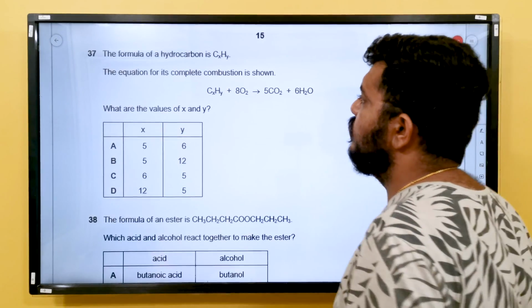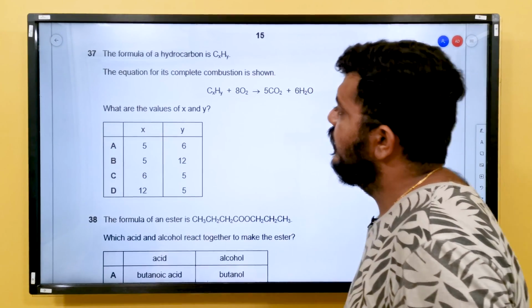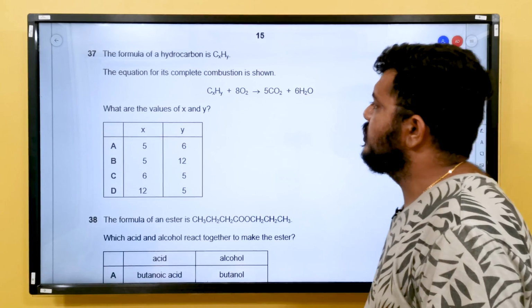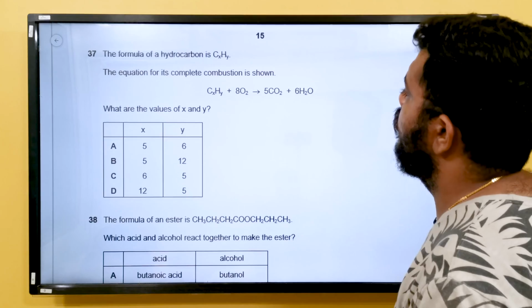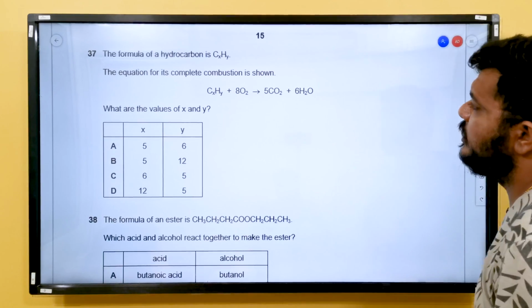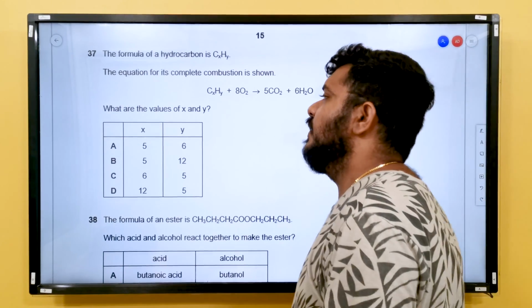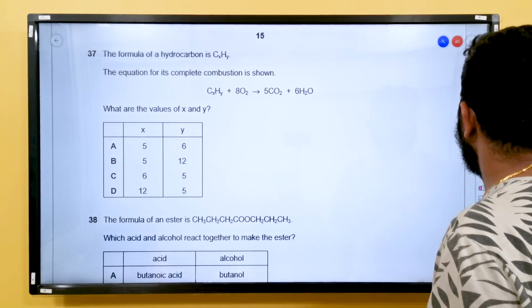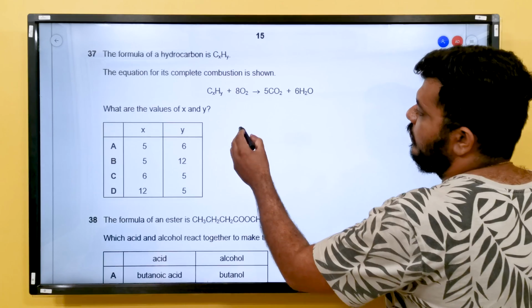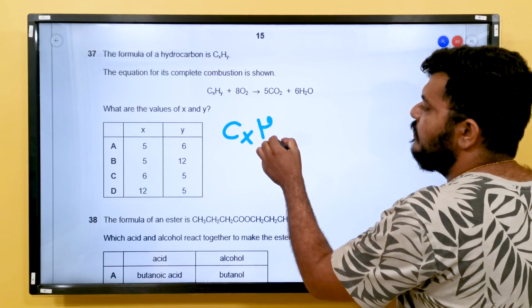Formula of a hydrocarbon is CxHy. Equation for its complete combustion is shown below. Okay, CxHy plus 8O2 gives 5CO2 plus 6H2O. What are the values of x and y? Now you can definitely calculate, but instead, let me give you an equation that you can use anywhere.